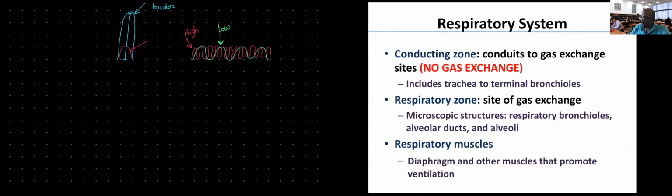Moving on to the respiratory zones. First zone is my conducting zone, and the conducting zone is not going to be performing any gas exchange. No gas exchange will be taking place in this zone.